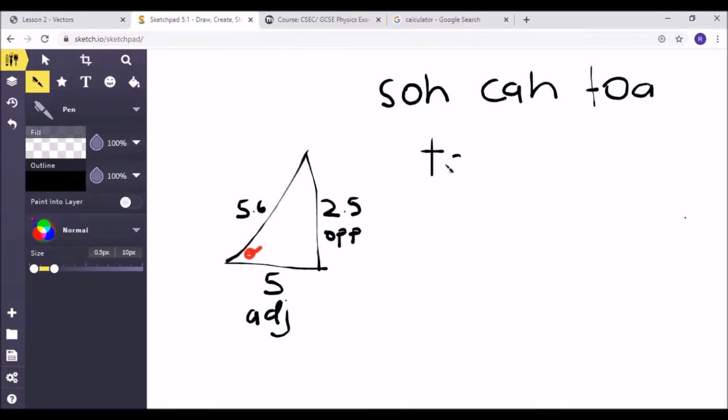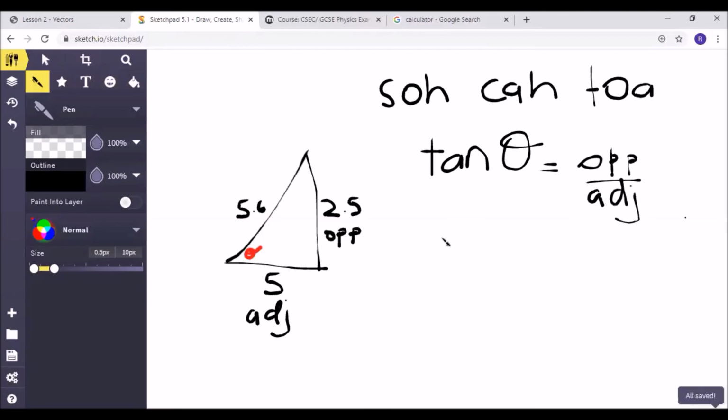So the tangent of the angle is equal to the opposite side over the adjacent side. So the tan of the angle is equal to 2.5 over 5, right?